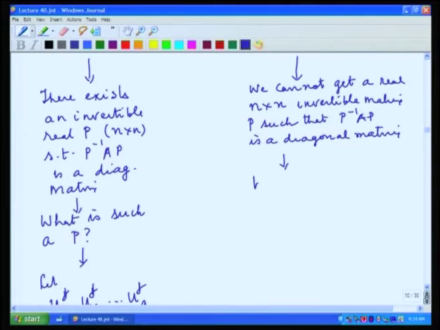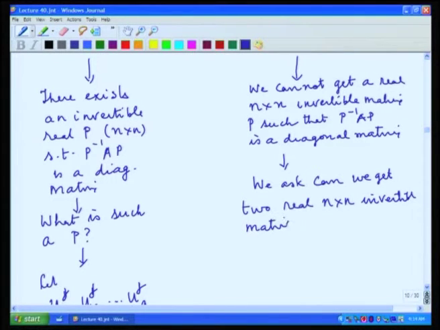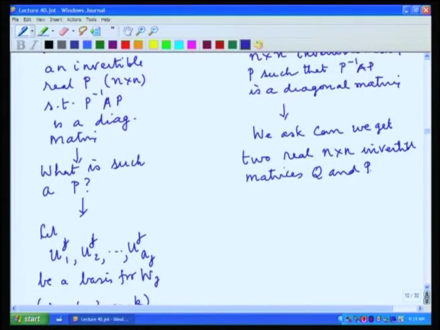We asked, can we get two real n by n invertible matrices Q and P, where Q will be used to transform the variable b and P will be used to transform the variable x, such that Q inverse A P is a diagonal matrix?